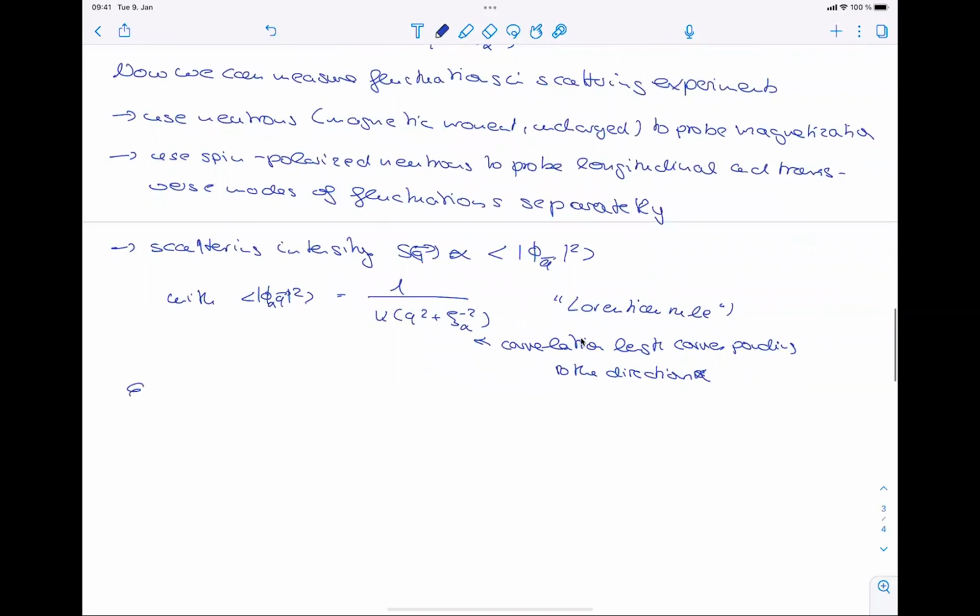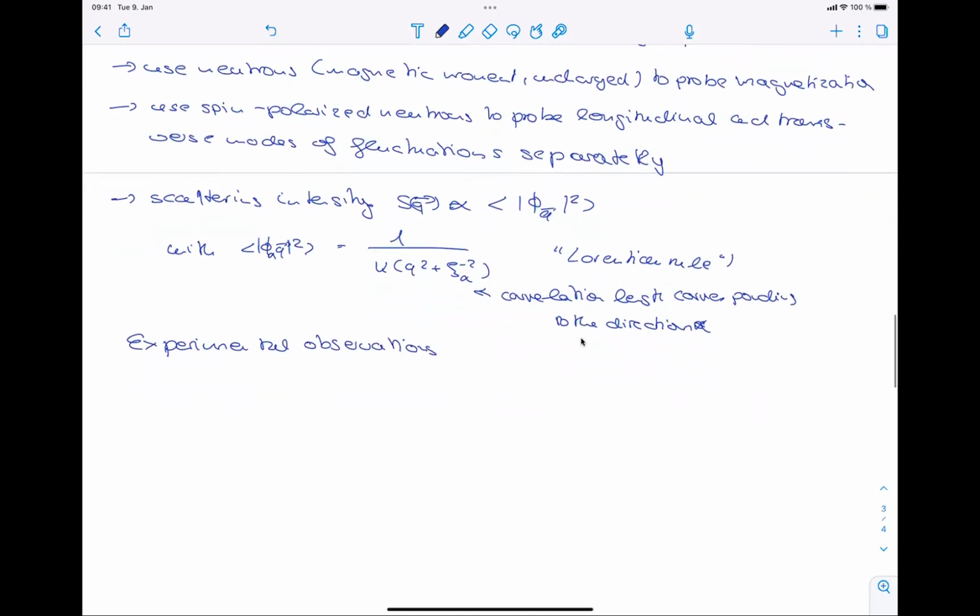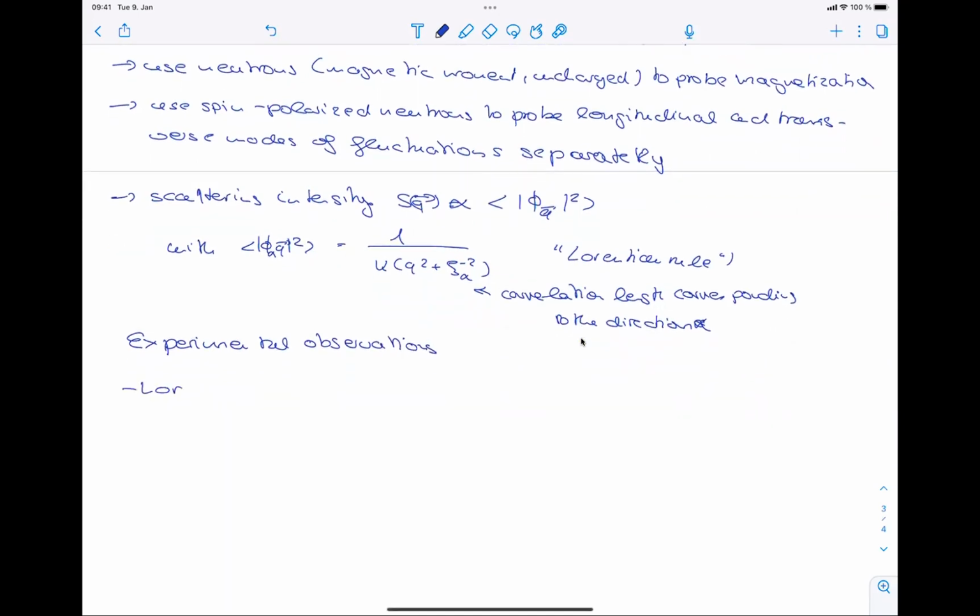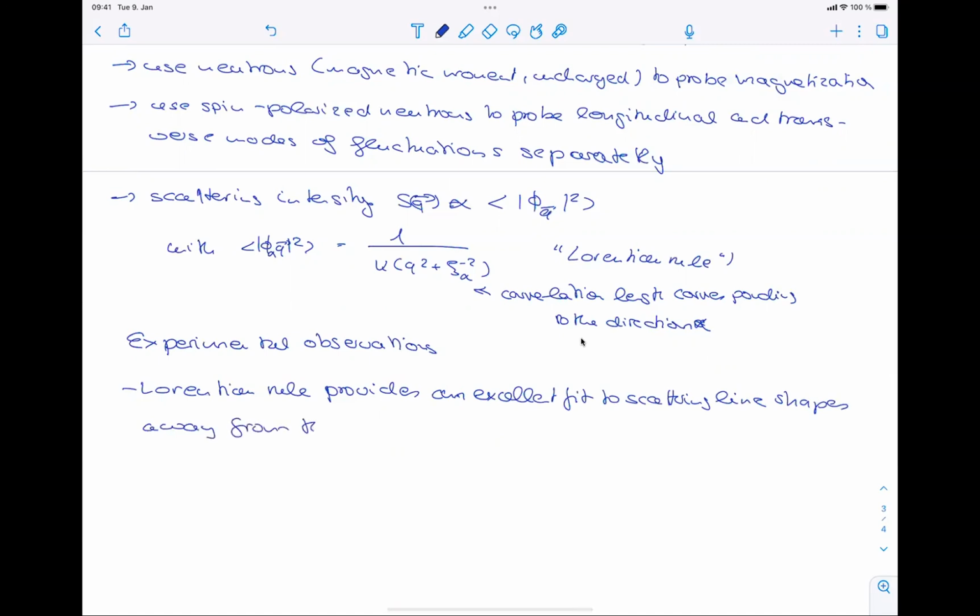And so the way experimental observations look is that this Lorentzian rule is indeed an excellent fit to the scattering line shapes, but only away from the critical point.